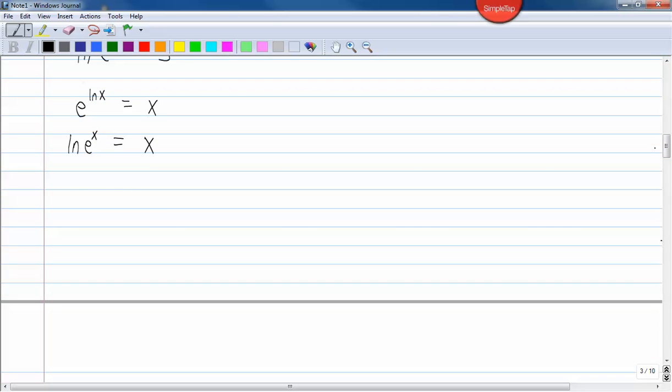All right, so logarithmic functions and exponential functions can be related just like that. Y equals log base b of x means b to the y equals x.